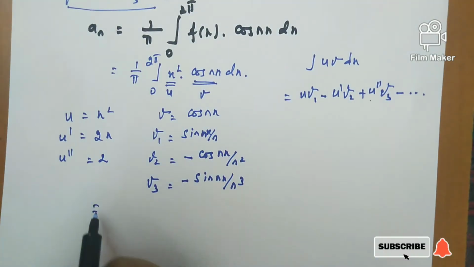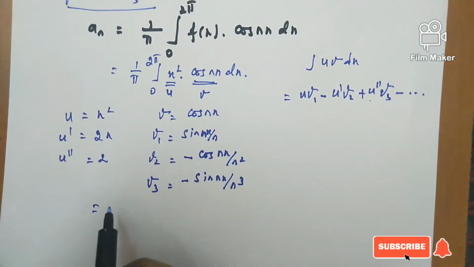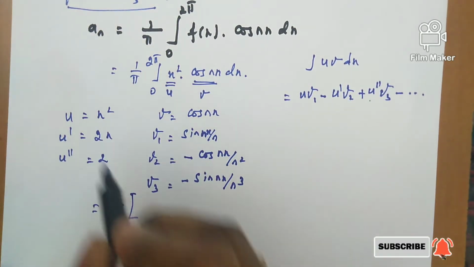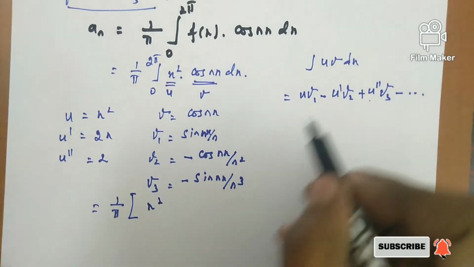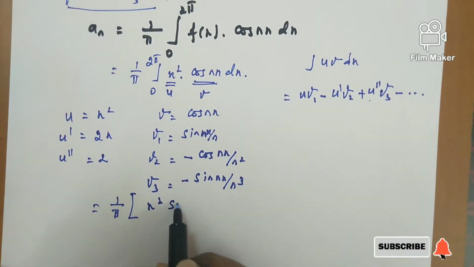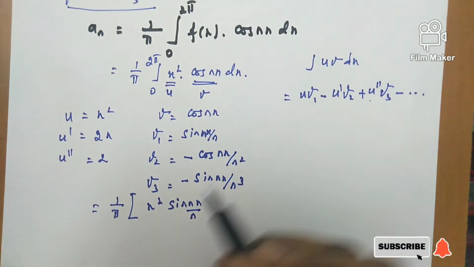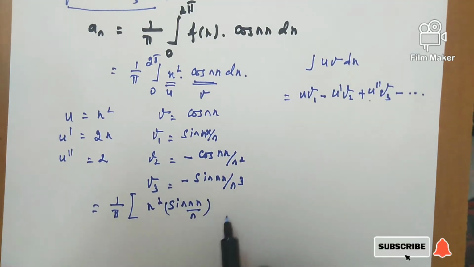So which is equal to, already we have 1 by pi outside. So 1 by pi into u. What is our u? U is x square, into v1. V1 is sin nx by n. So u v1, minus u dash. What is our u dash?